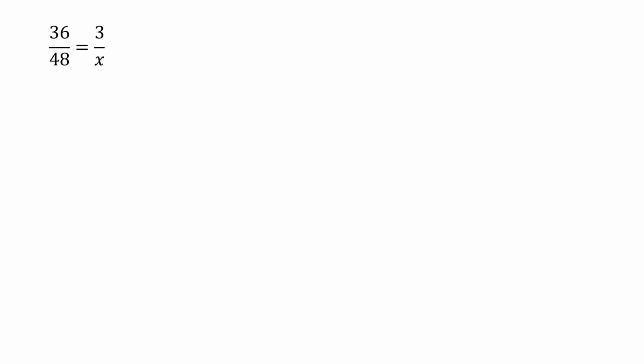36 over 48 equals 3 over x. The x is in a different position in this problem. It doesn't matter where it is. The properties are still the same. So let's do step 1, cross multiply. So 3 times 48, and we're going to set that equal to x times 36.